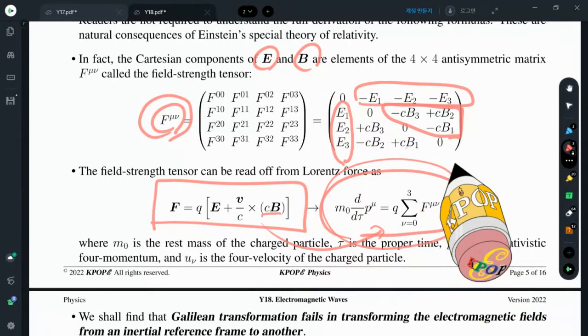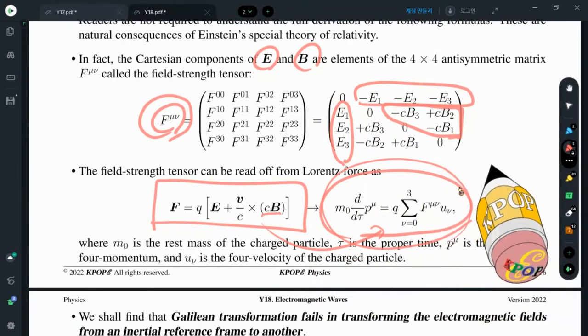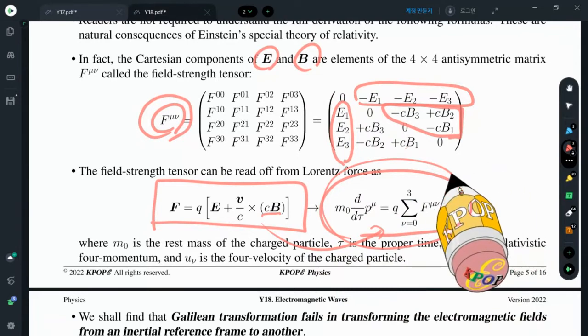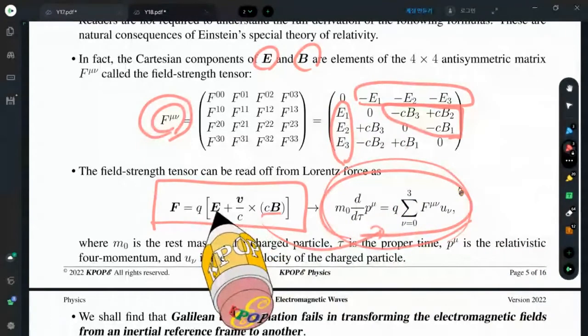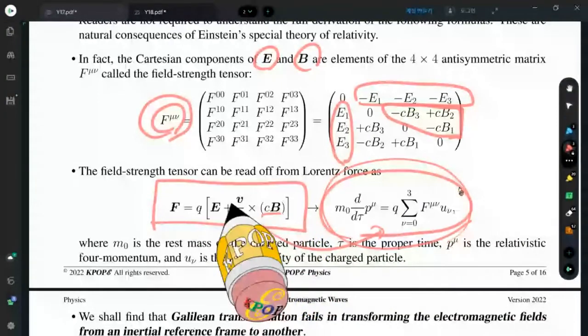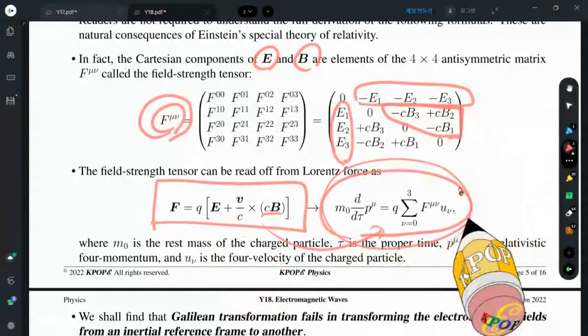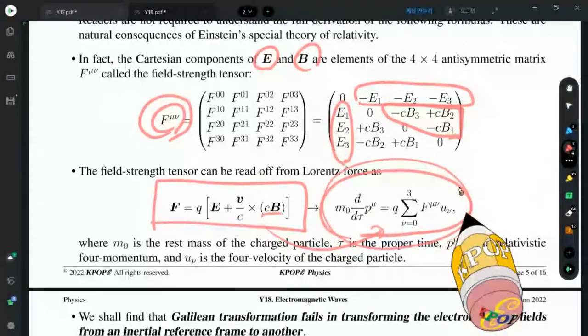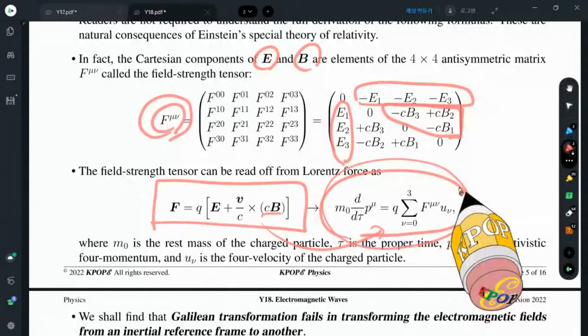So Einstein's special theory of relativity is great because by then they were different theories, but they are combined into a single unified theory in nature. This is the first unification of fundamental forces, of electricity and magnetism.